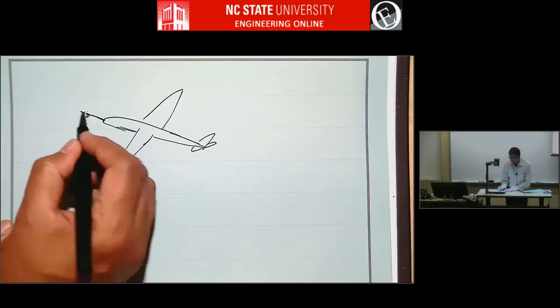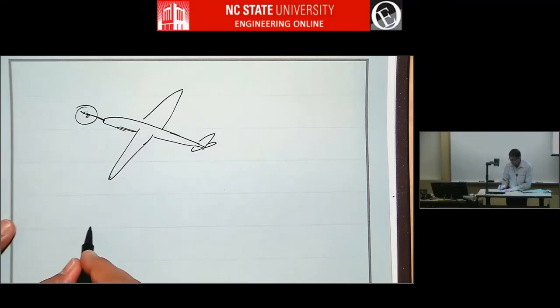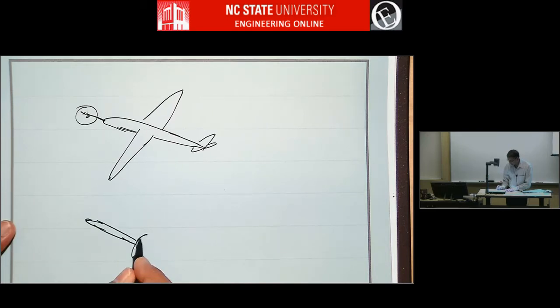and the yaw vane. If I zoom in, there will probably be a boom like this, and here's the fuselage, let's say, and this boom will have essentially something like a weather vane.